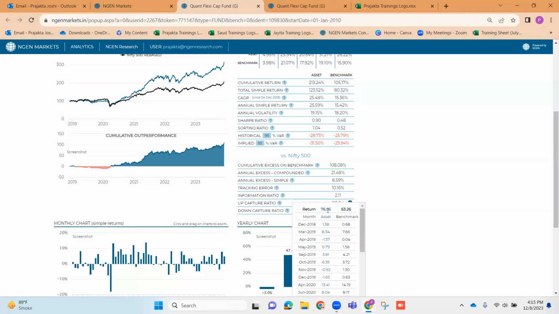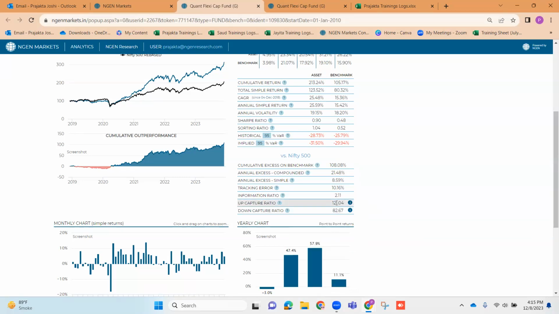Now, if you take a simple ratio, 76.56 divided by 63.26, that comes to a figure that is more than 100. And that is typically the reason that this up capture ratio is more than 100. That exactly is 121.04. Now, if a fund is actually able to outperform the benchmark when it is in a bull run, that's definitely a good thing about the fund.